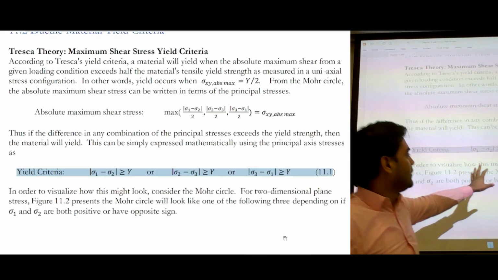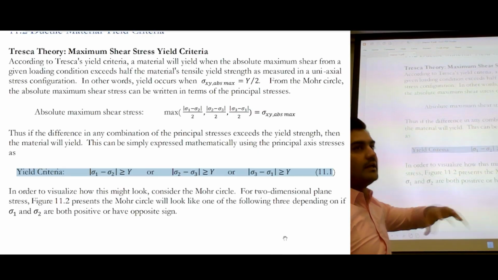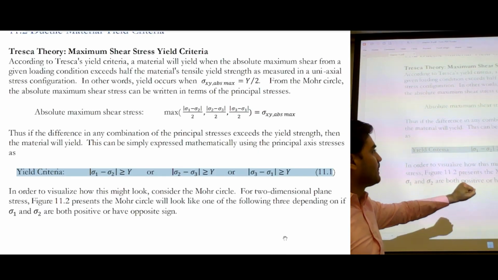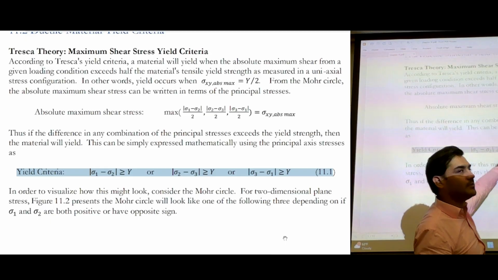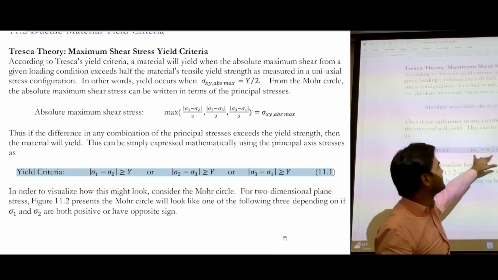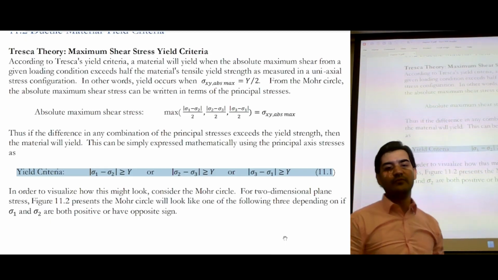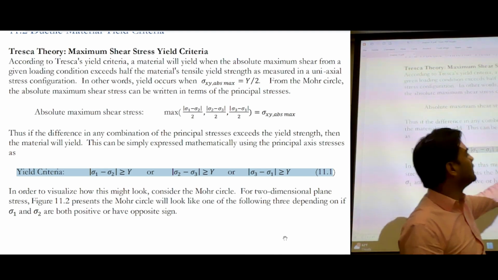This is all you have to remember for Tresca. In order to predict yielding in a given loading condition, we already know the yield stress for the material, but we can calculate stress 1, stress 2, and stress 3, and then compare them using these formulas.